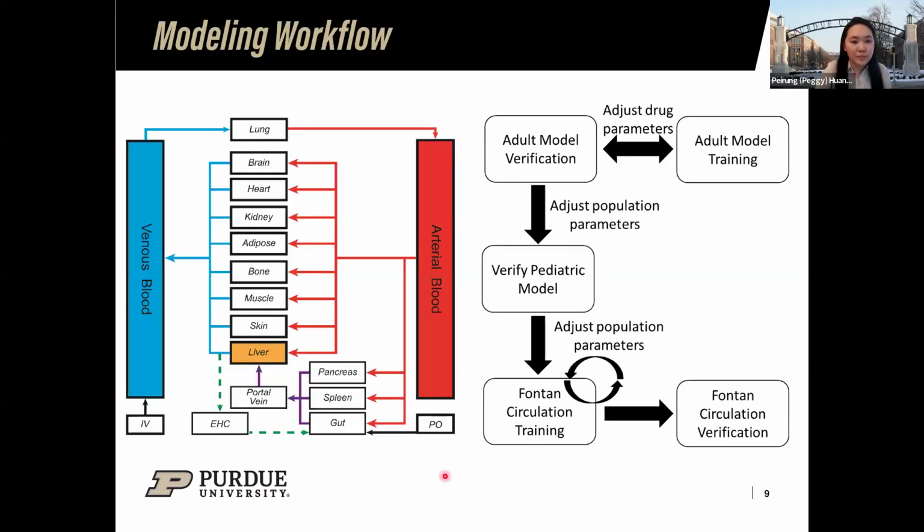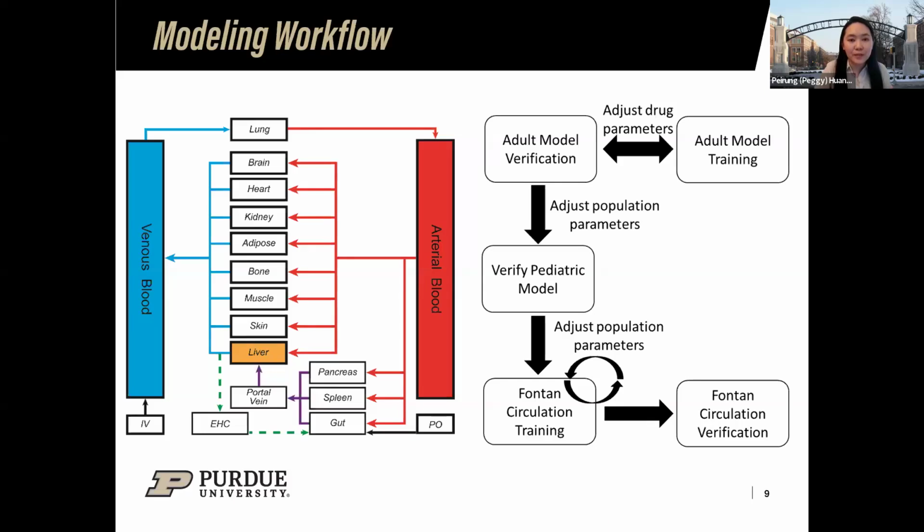And here shows the modeling structure on the left side. On the right side is the modeling workflow. So we'll first verify the adult model in Simcyp using the default drug files for sildenafil and pravastatin.